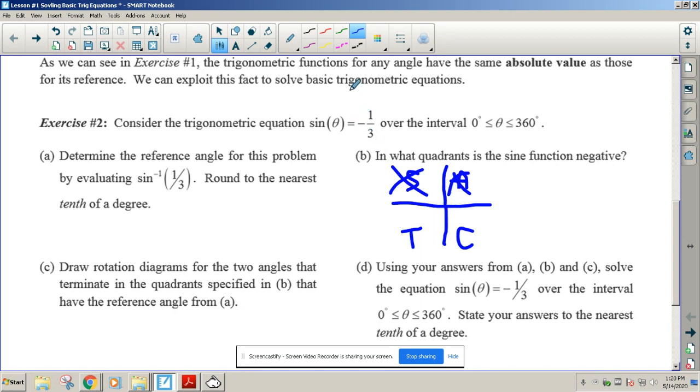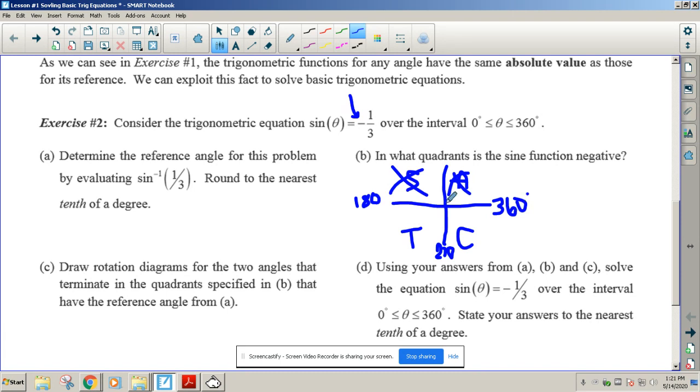That means this problem here, because of the negative, is telling me that this is going to be in quadrant 3, which means this angle is going to be bigger than 180 and less than 270, or this angle is going to be bigger than 270 and less than 360. So I am going to possibly have two answers to this one problem.